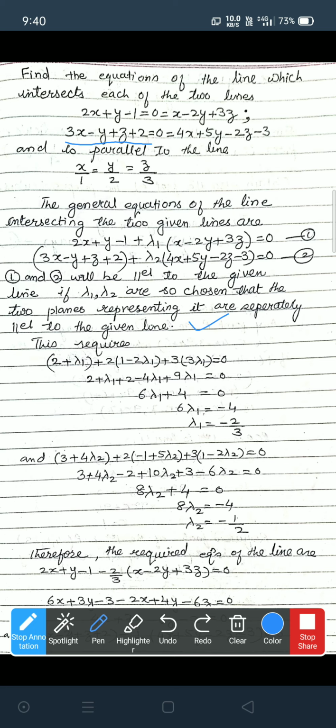We have chosen lambda 1 and lambda 2 such that these are separately parallel to the given line.